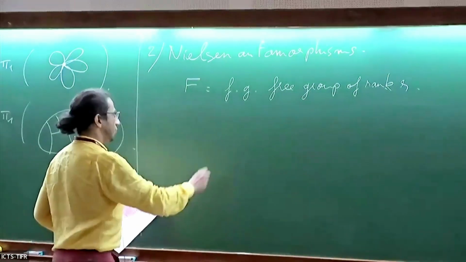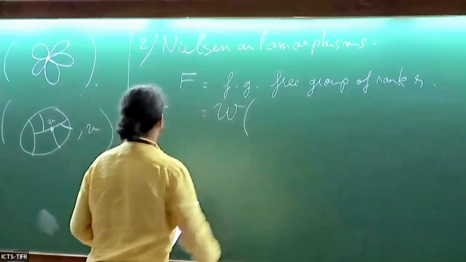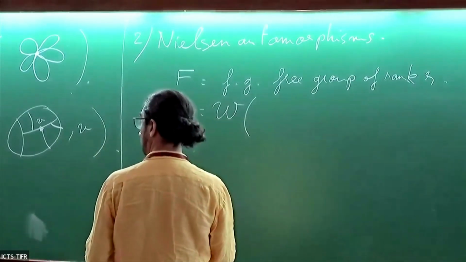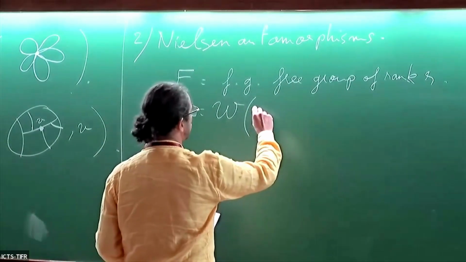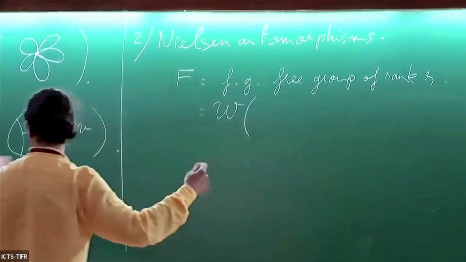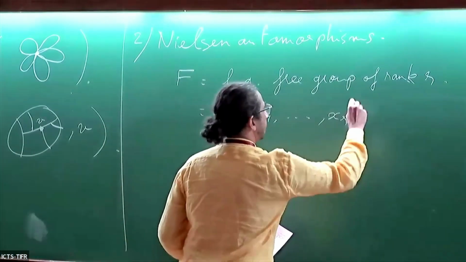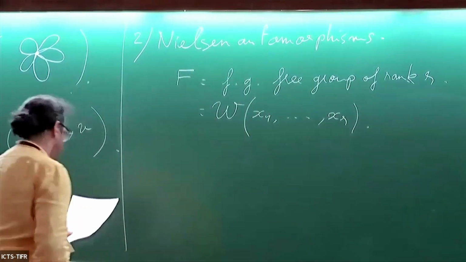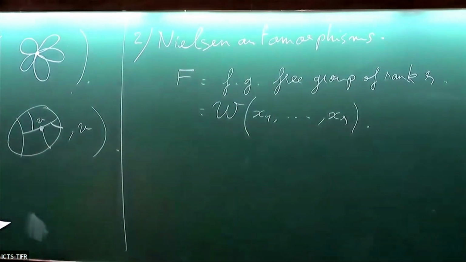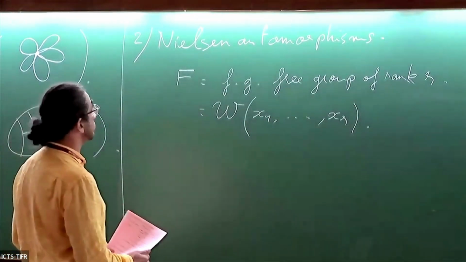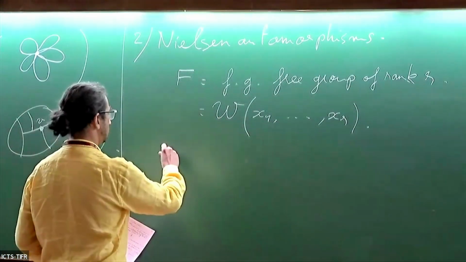And for convenience, I will identify it with a group of reduced words. So W is for words, right? And I will describe Nielsen automorphisms for F.